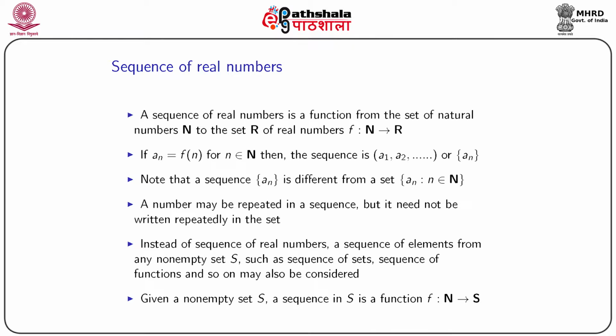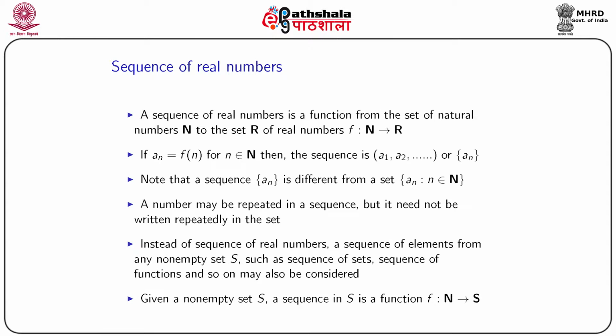Now if a_n is equal to f(n) for all n belonging to the set of natural numbers, then the sequence is a1, a2, a3, and so on, or we write it in this way, in brackets, a_n. So this denotes a sequence. Note that a sequence is different from a set.